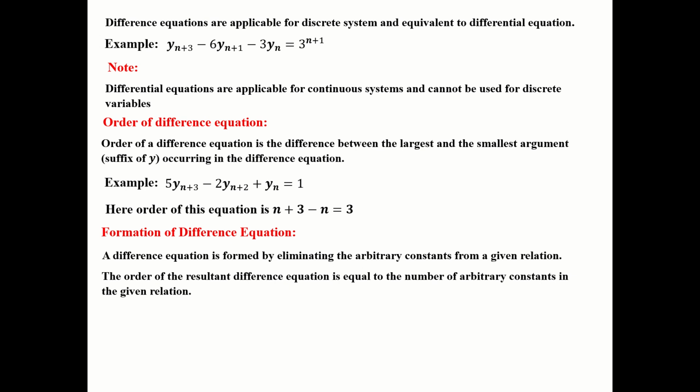Suppose the given relation has 2 arbitrary constants, then the order of the difference equation formed by eliminating those 2 constants is 2. Similarly, if you have 3 arbitrary constants, then the difference equation from that relation is of order 3. Thanks. We'll see in the next video.